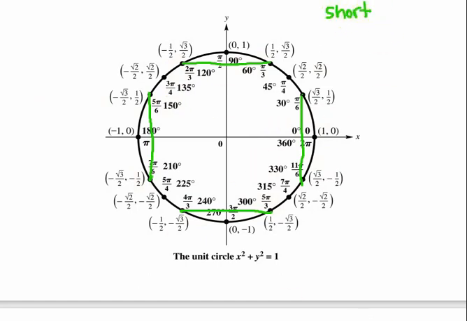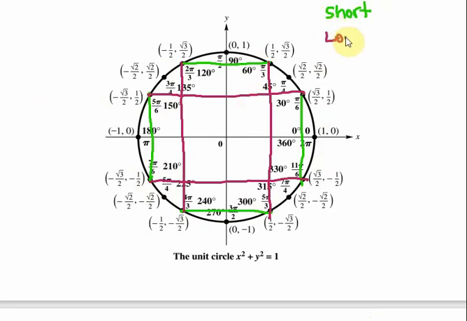Then we have our long marks or distances. So these are going to each of these sixths, so 1 pi over 6, 2 pi over 6, 3 pi over 6, 4 pi over 6, 5 pi over 6, and so on.